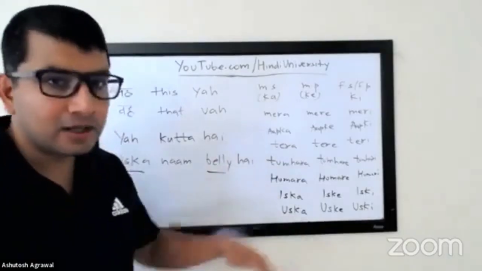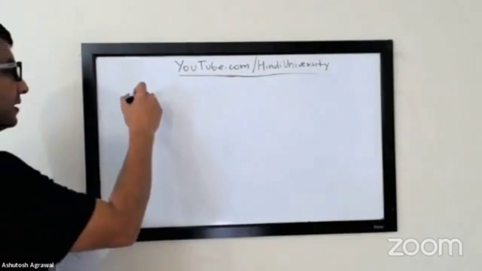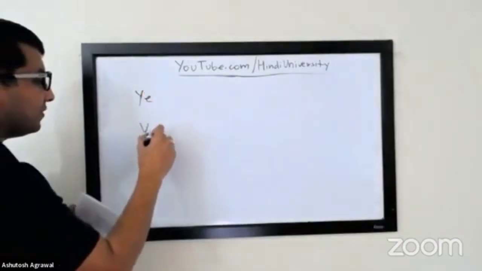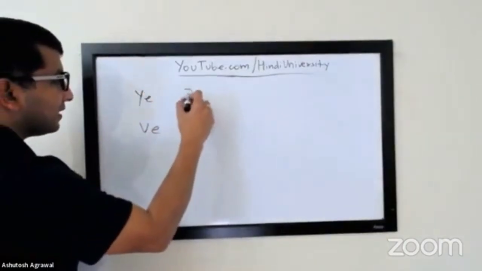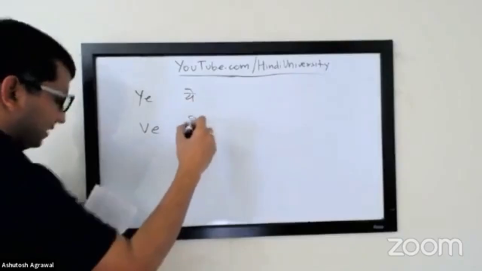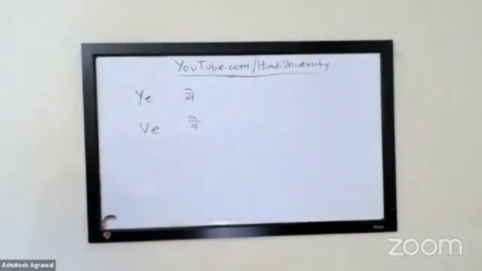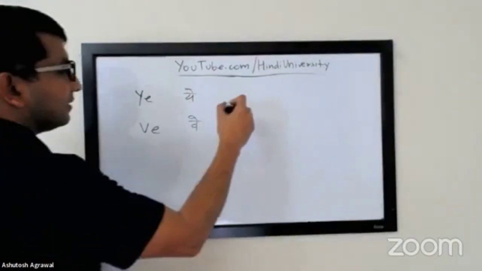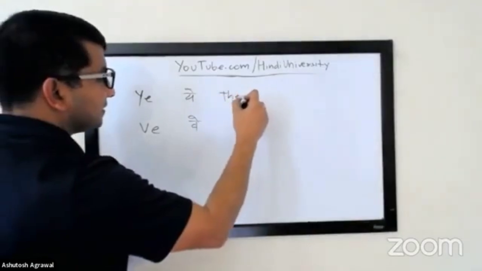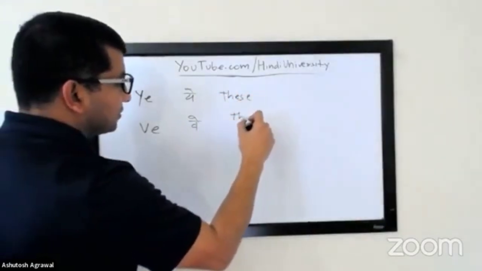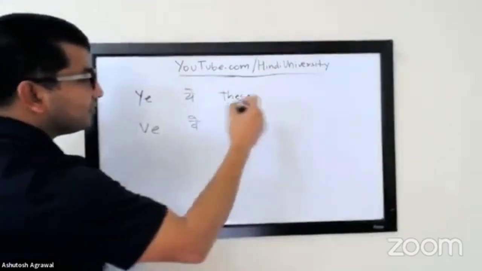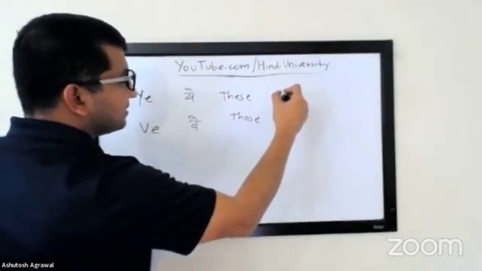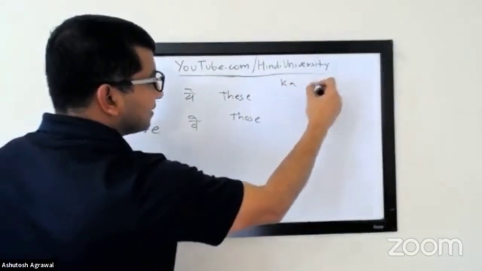वह becomes उसका. Okay, so you have ये, we covered it, and then we covered वे. Okay, and what are the examples of this? It's basically these, those, and then ये with का, के, and की.